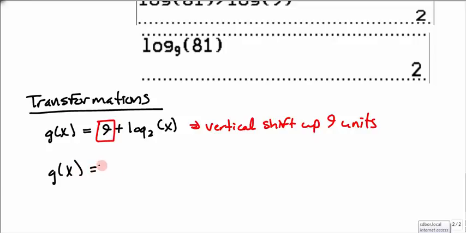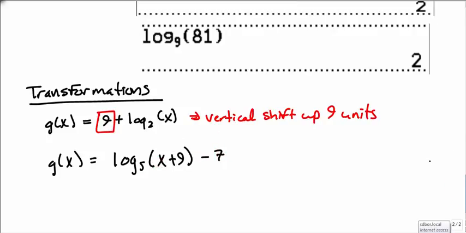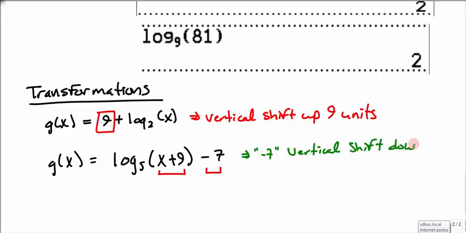You'll also see sometimes when the argument is changed. So here you might have something, let's say like log base 5 of (x plus 9), and this is where it's important to have the parentheses, because if you don't have parentheses, the only thing that is the argument of my log is what's directly after it. And we'll do a minus 7. So here we have two transformations. We have the x plus 9 and we have the minus 7. First of all, for my negative 7, this would be a vertical shift down 7.